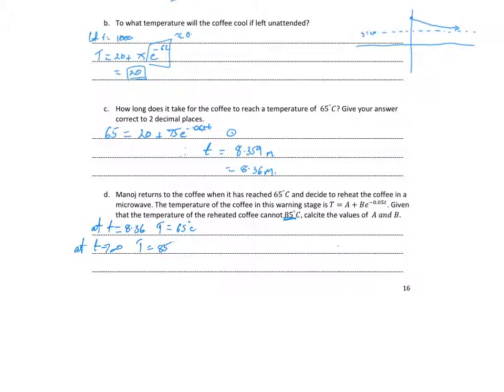So again, that big number of e to the negative 0.05t. If we look at T is equal to a plus b e to the negative 0.05 times a big number, that really approaches 0.